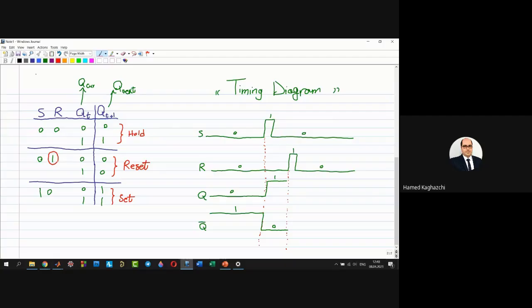The Q is reset, the Q goes down to 0 and stays at 0, and my Q bar goes up to 1 and stays 1. This is the timing diagram of the SR flip-flop.